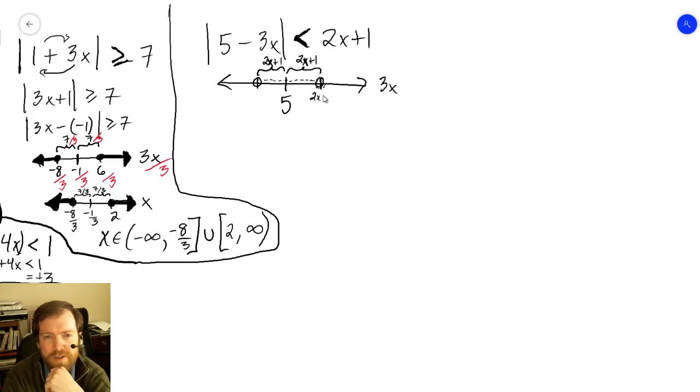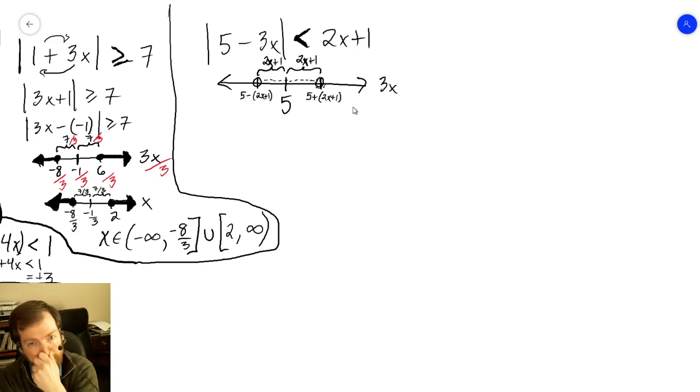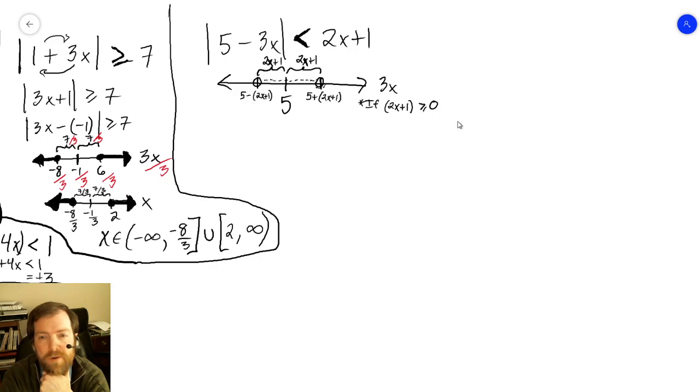This is going to be 2x plus 1 plus 5, or 5 plus that. And this is going to be 5 minus parentheses 2x plus 1. I should have done it that way. Five plus parentheses 2x plus 1. All right, so this is assuming 2x plus 1 is greater than or equal to 0.